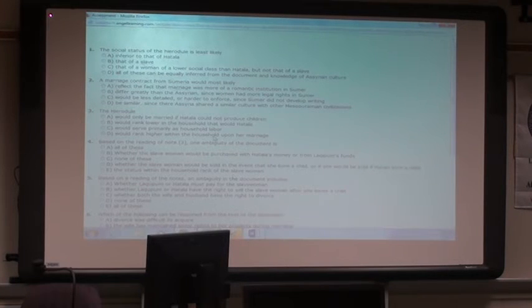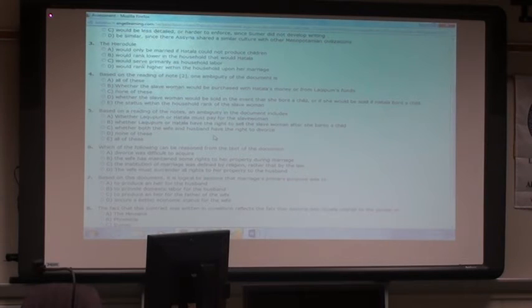All right. Number 3, the Eridul would only be married if Hatala could not produce children, would rank lower in the household than would Hatala, would serve primarily as household labor, would rank higher within the household upon her marriage. B. We can basically look at this one as the same as the first question, just reworded a little bit.